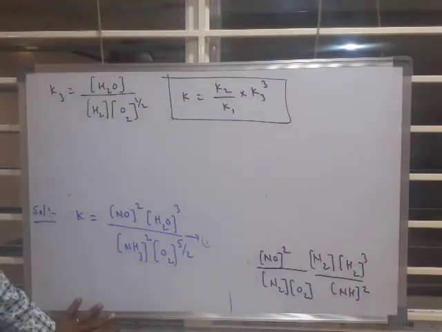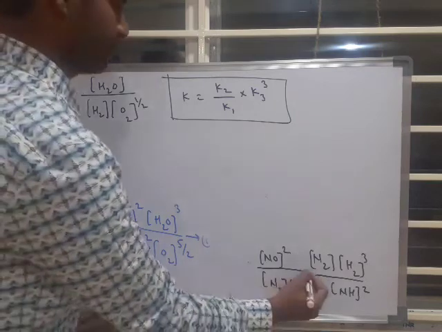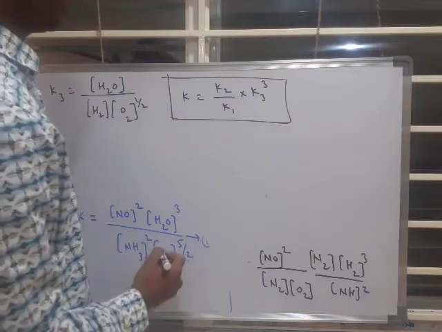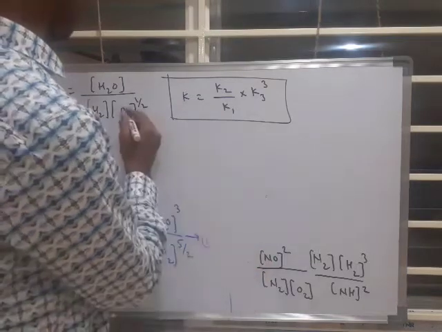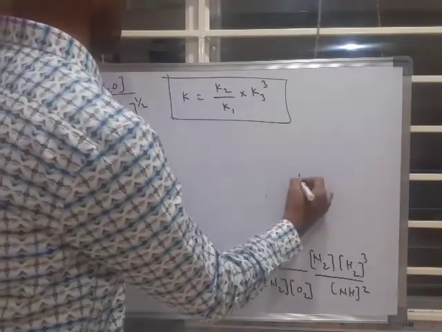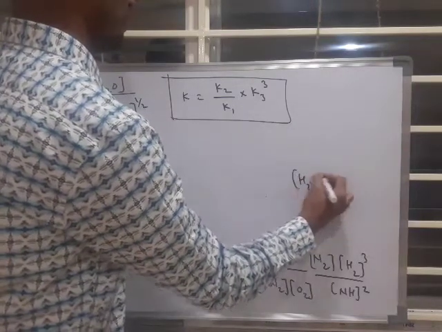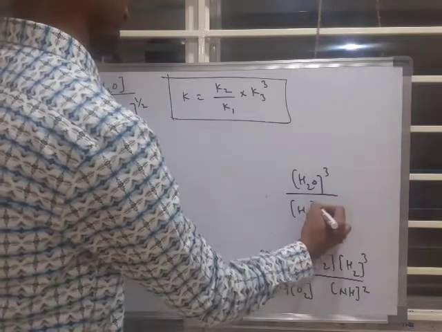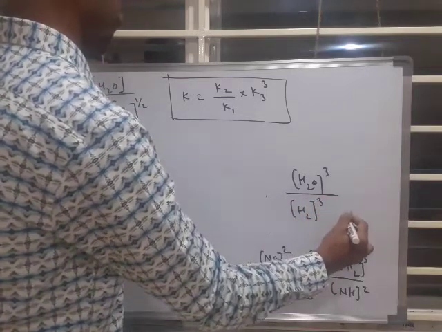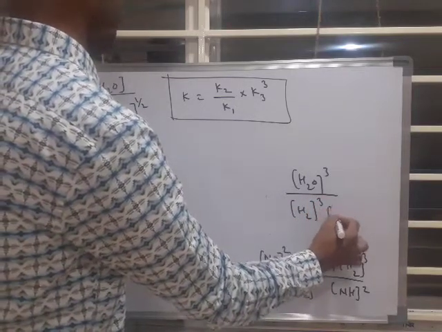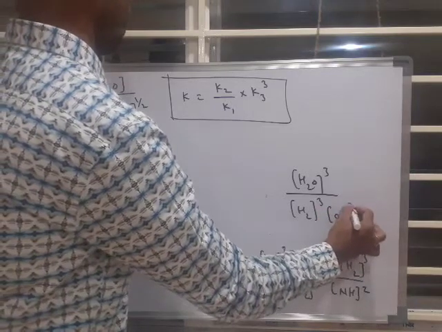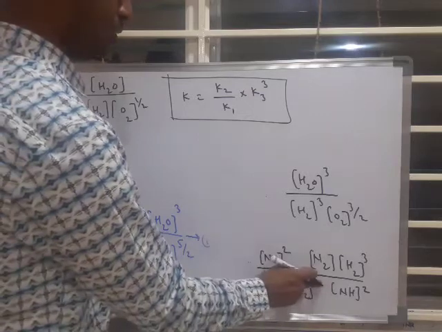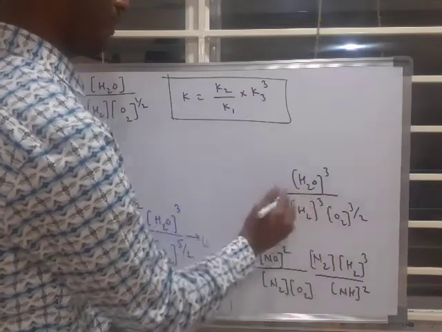Plus K3 we have to cube. So let us cube K3. This is 1 by K1 into K3 cubed: H2O whole cube, H2 whole cube, O2 power 3 by 2. This is K2 into 1 by K1 into K3 cubed.